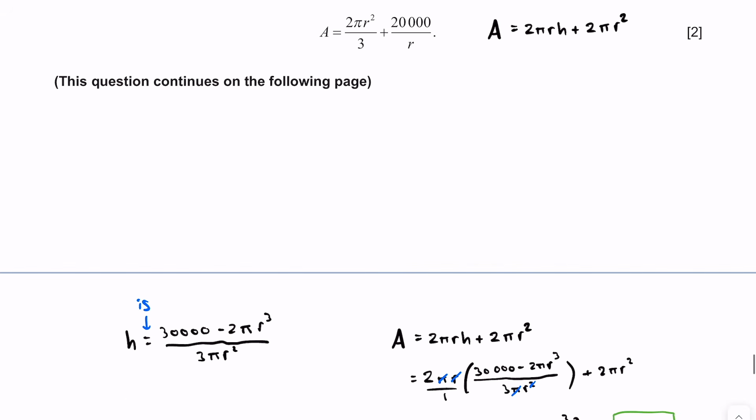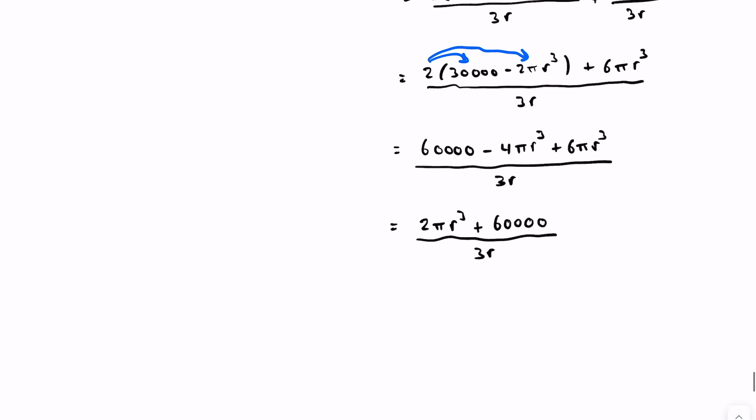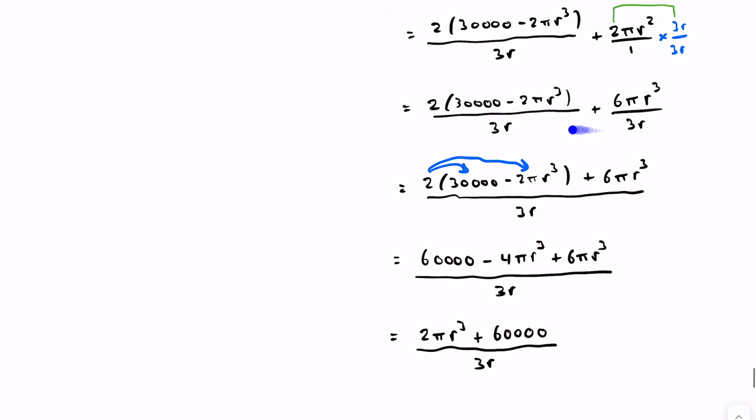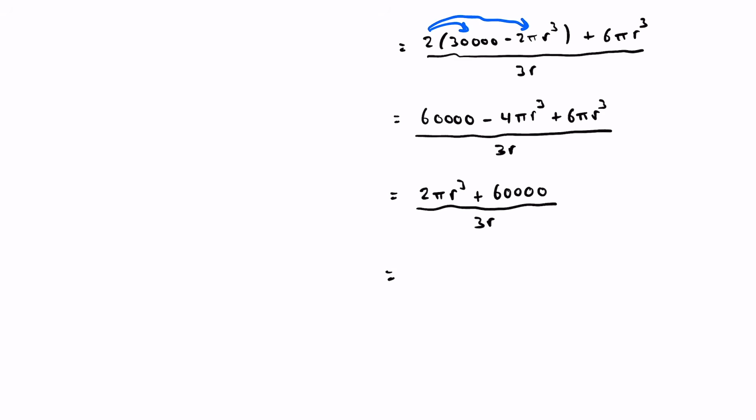But now what they want us to do is split this 3r into 2 terms. So essentially break it up again. Just like when we had a common denominator, we could add the numerators, we can actually reverse the process by writing 2 pi r cubed over 3r plus 60,000 over 3r.